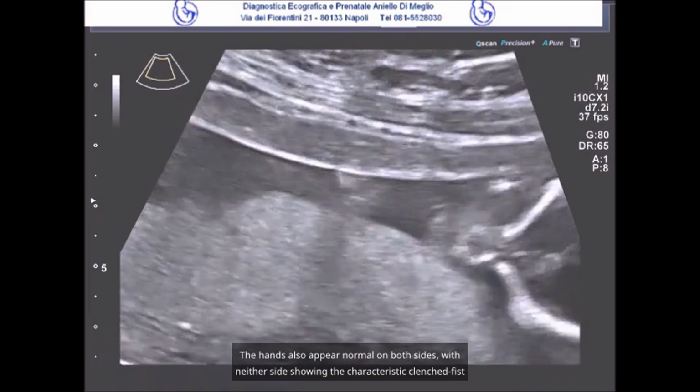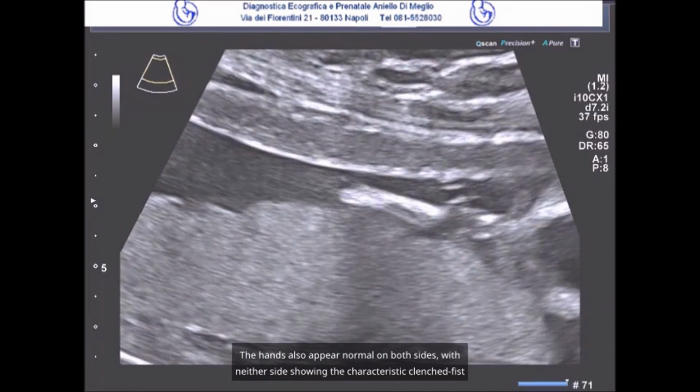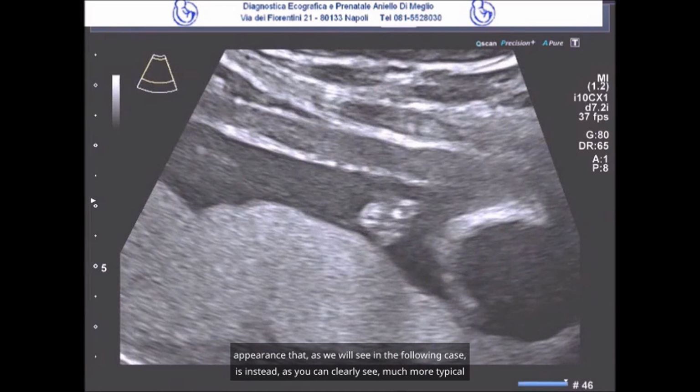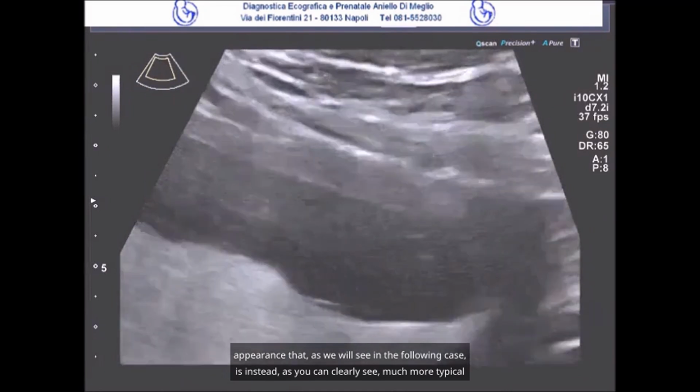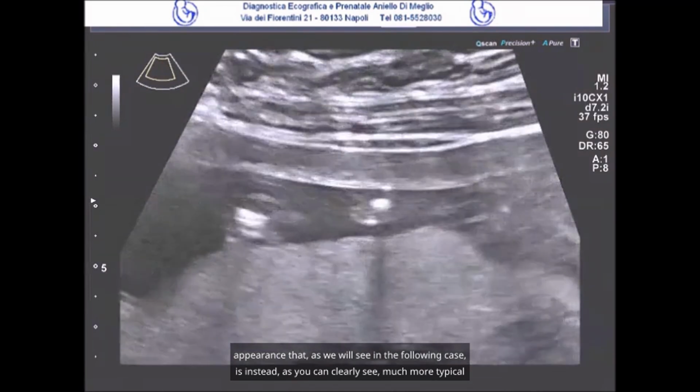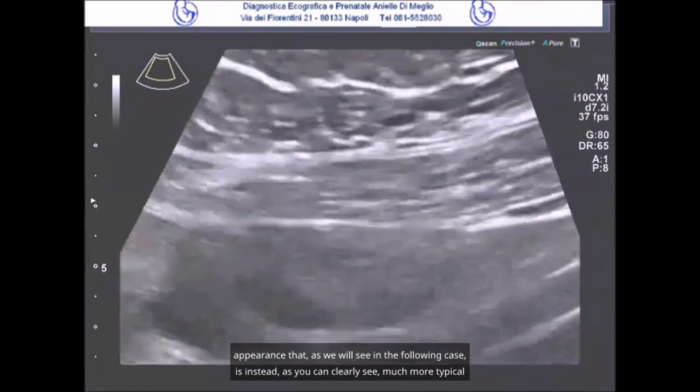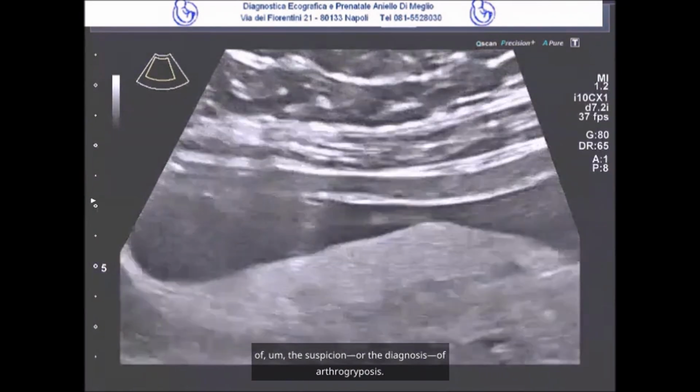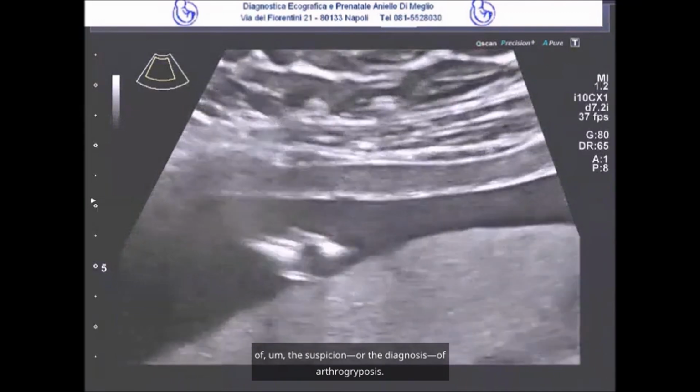The hands also appear normal on both sides, with neither side showing the characteristic clenched fist appearance that, as we will see in the following case, is instead, as you can clearly see, much more typical of the suspicion or the diagnosis of arthrogryposis.